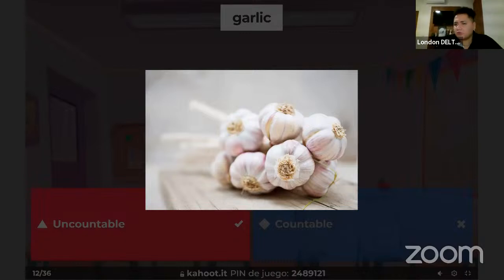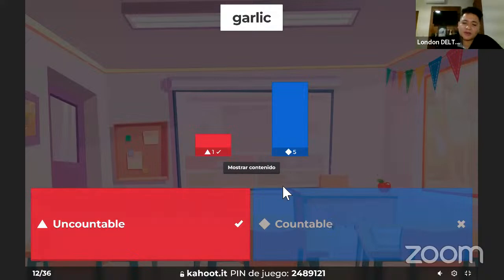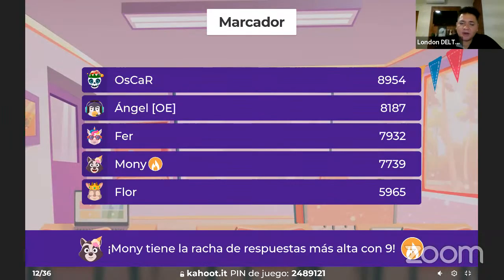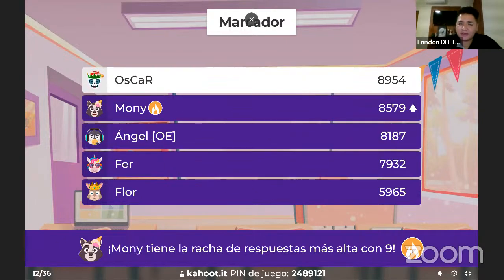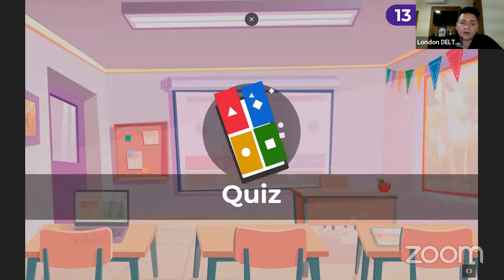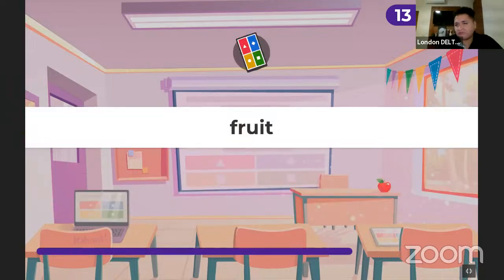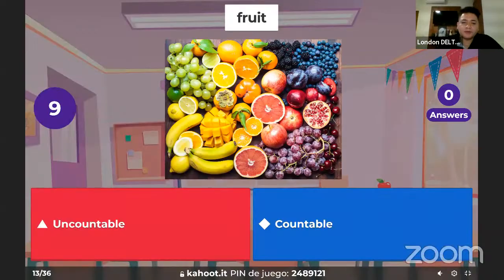Toma 4 ajos, no habría problema. So, if we are very strict, puede ser que sea incontable, pero sí sería sin problema contable. So, in this case, if you say countable, well, it's correct. También existe la palabra clove, que es diente de ajo. Ah, pero Oscar no decía cabeza, ¿no? Sí, es like garlic. Ok, la palabra fruta, aquí hay que tener cuidado, ese sí es diferente.